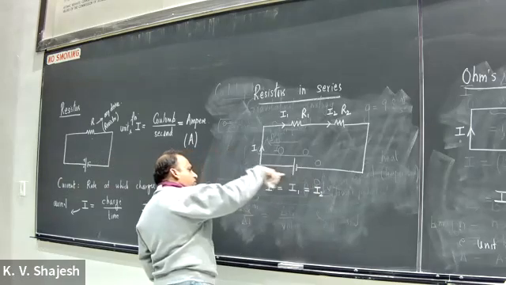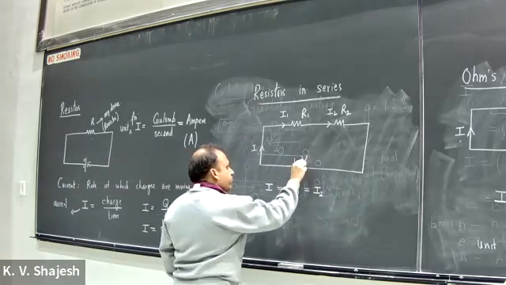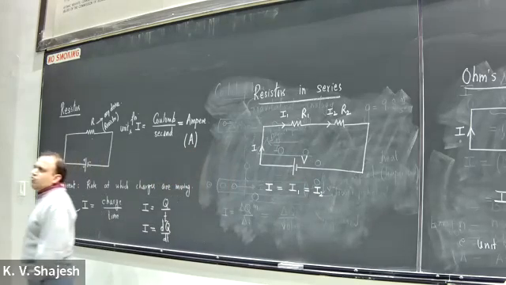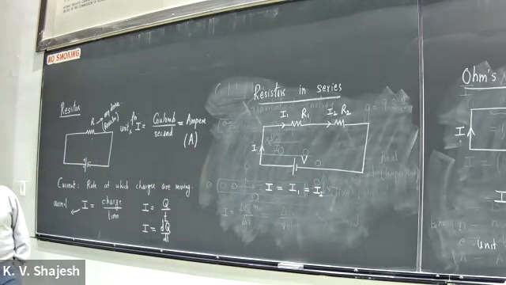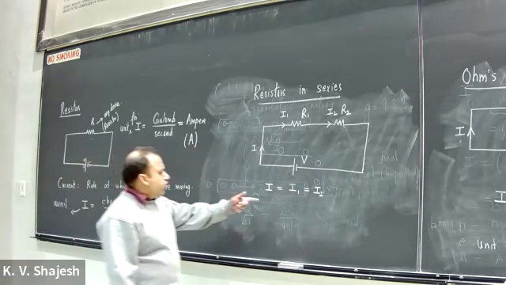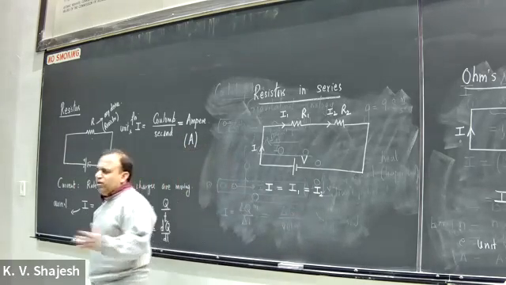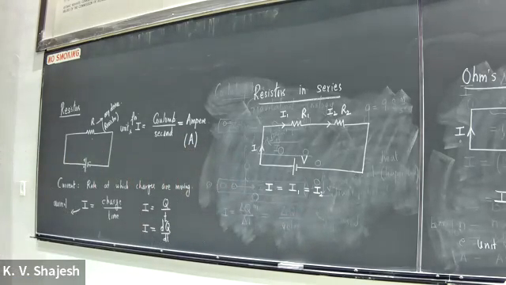And I is the amount of current that is being pulled out from the battery, that is V. So that's the first relation.